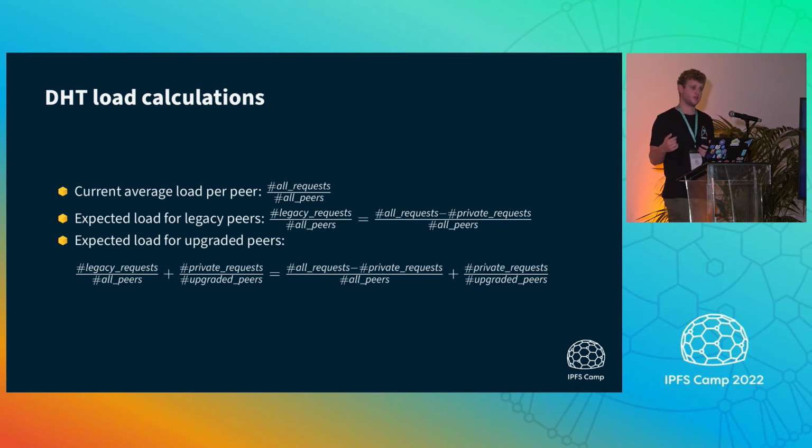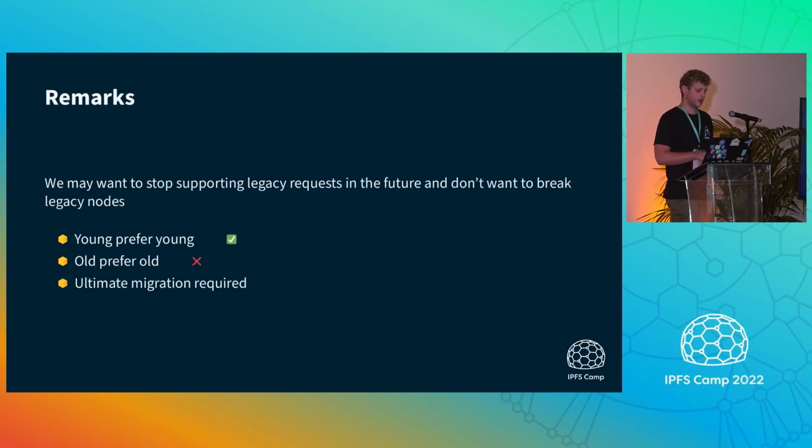The upgraded peers will still have the load for the old requests, plus the load for the new private requests, but this is expected to be very bounded, because we expect that the number of private requests will grow with the number of private peers, which would be scalable.